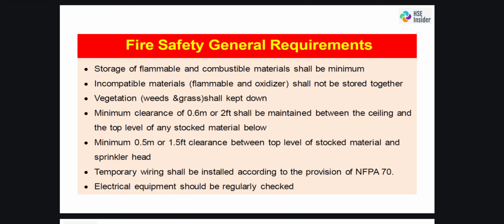A minimum clearance of 2 feet shall be maintained between the shielding and the top level of any stocked material below, and 1.5 feet clearance between the top level of stocked material and the sprinkler head. It is better to avoid storing material near the sprinkler.